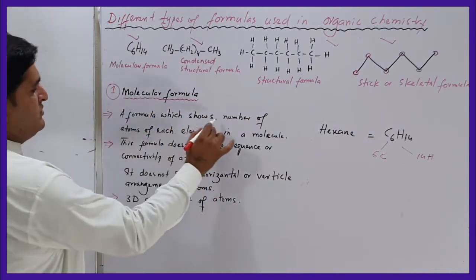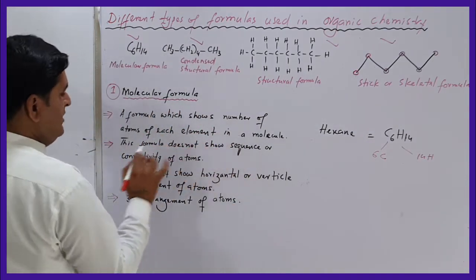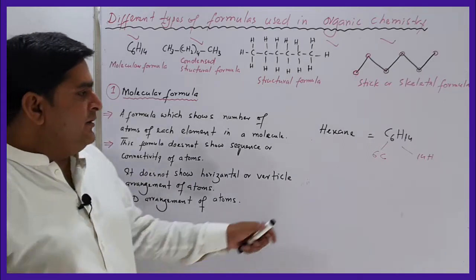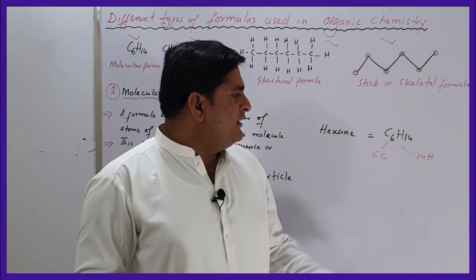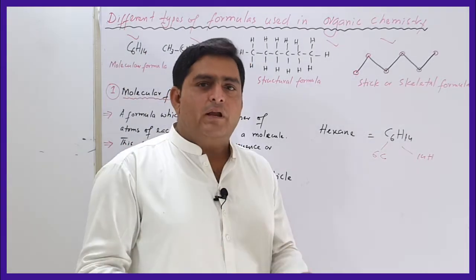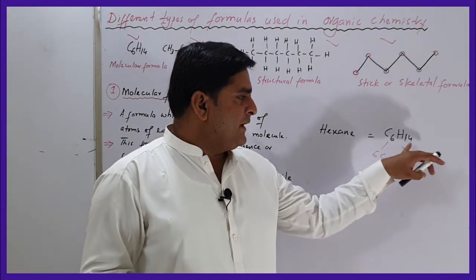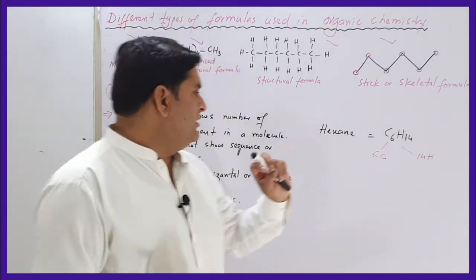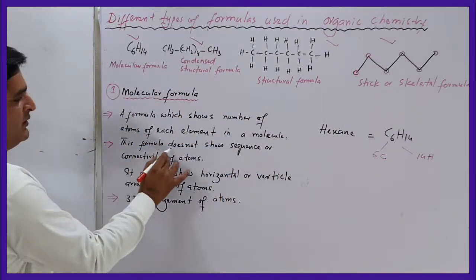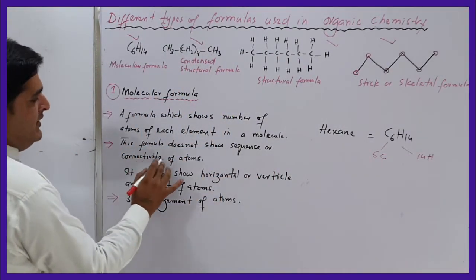A formula which shows the number of atoms of each element in a molecule. It tells us about the number of atoms of the different elements. So we notice that there are 6 atoms of carbon and 14 atoms of hydrogen. This formula does not show the sequence or connectivity of atoms.